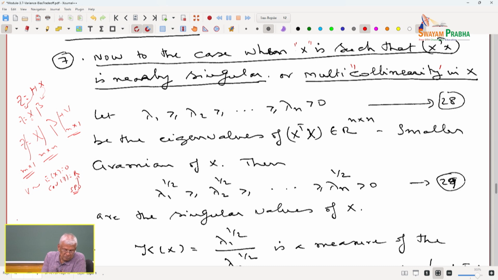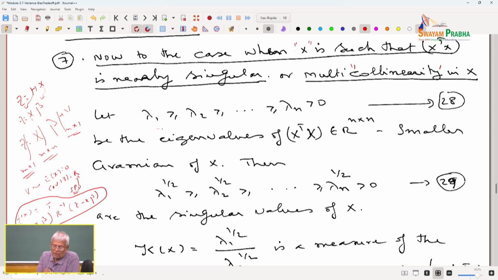I am now going to minimize f of beta, which is equal to z minus X beta transpose R inverse z minus X beta. So, mathematically it is the same, except that instead of H I am using X.